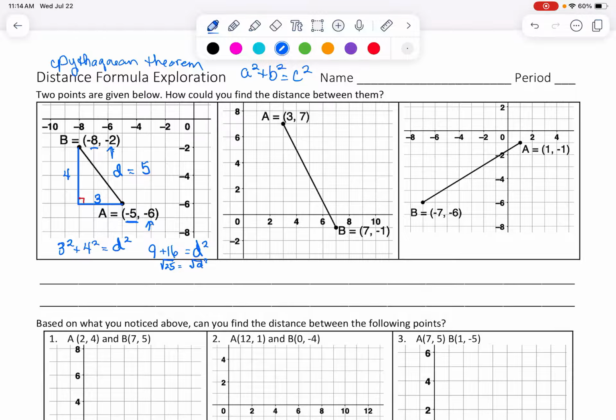Okay, so let's do it again. This time, between A and B, we might go horizontally over here to the 3. We were at 7. We went back to 3. That's 1, 2, 3, 4 units. And moving upwards, we were at -1, and now we're all the way up here at 7. -1 to 7 gave us a total of 8 units.